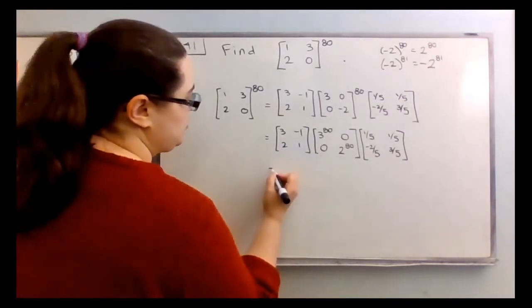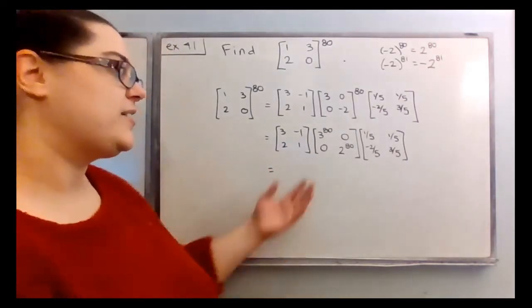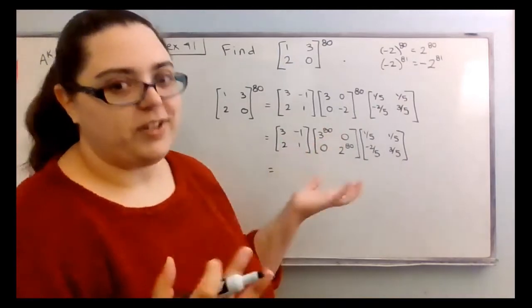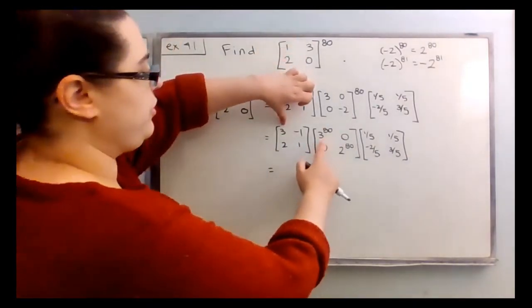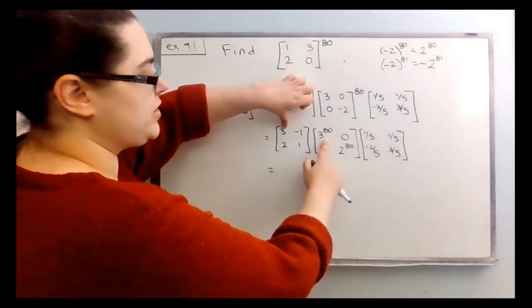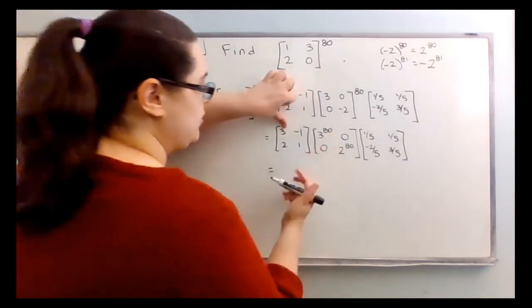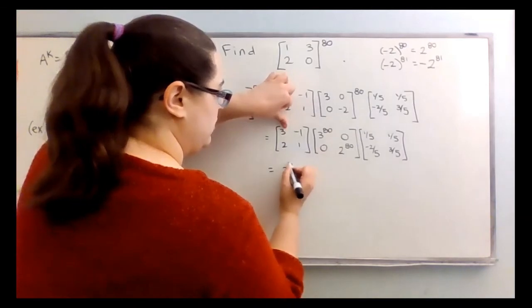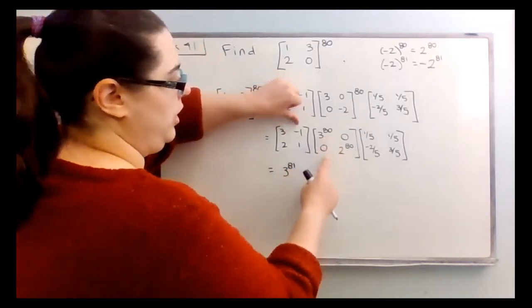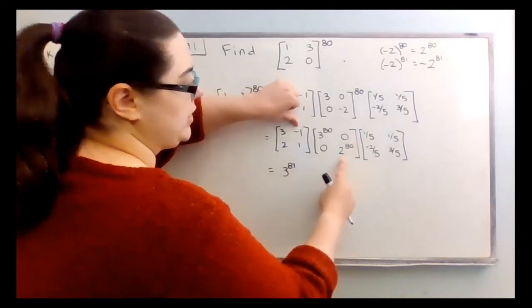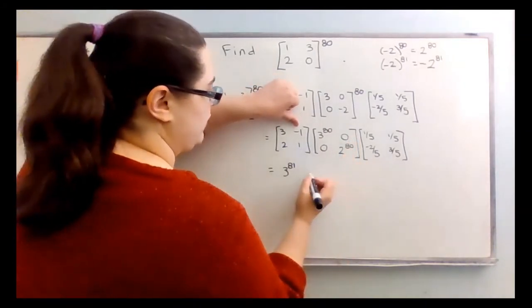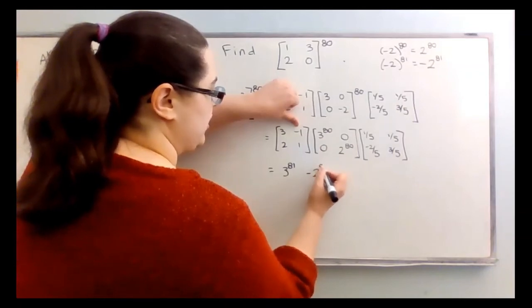All right, so now we have to multiply, and we're going to end up with an exponent in our product, but that's fine. Here I'm going to get 3 times 3 to the 80th, so that's going to be 3 to the 81st. Plus 0, so we get 0 there. Then here we have 0 minus 2 to the 80th, so we have a negative 2 to the 80th power.